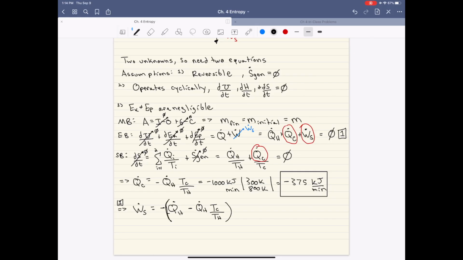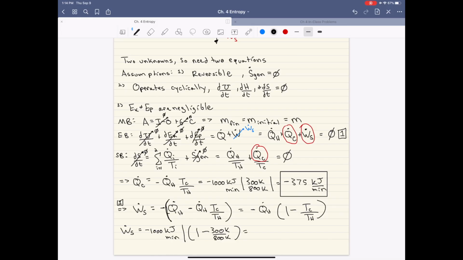Alright. And then I could factor out the QH, and I get this sort of simple looking equation for the shaft work. Right? And so we could just go out and solve for the shaft work. QH times 1 minus 300 over 800 Kelvin.